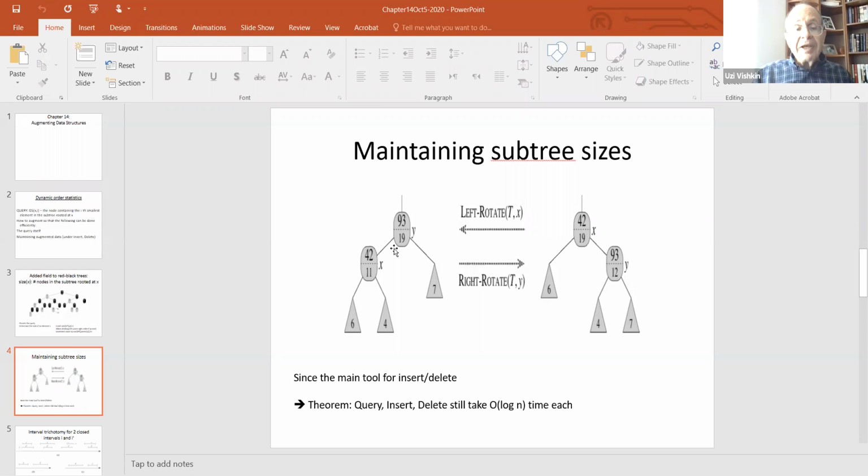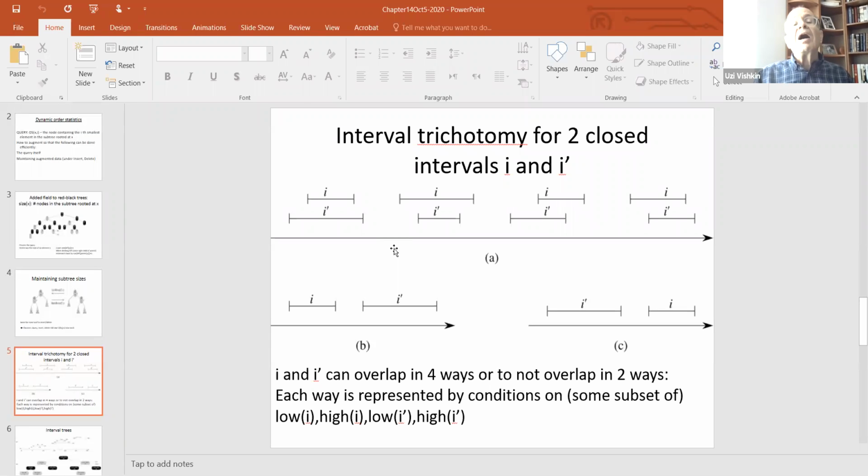Okay, so the next thing to do is to consider a pretty cool problem that is derived from computational geometry. And I'm definitely not going to complete this today, but let me just start with the problem and what I would like to represent here. So imagine that we have a straight line where my basic elements are intervals.